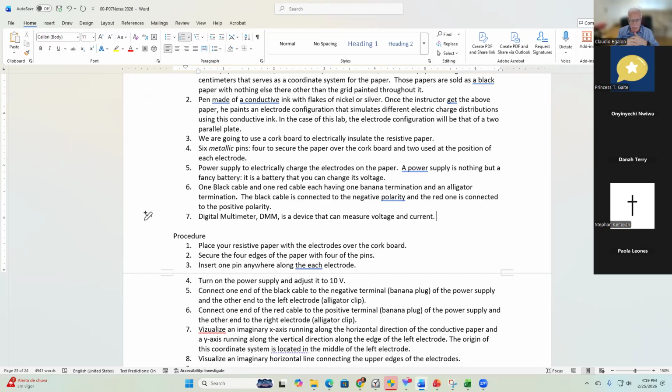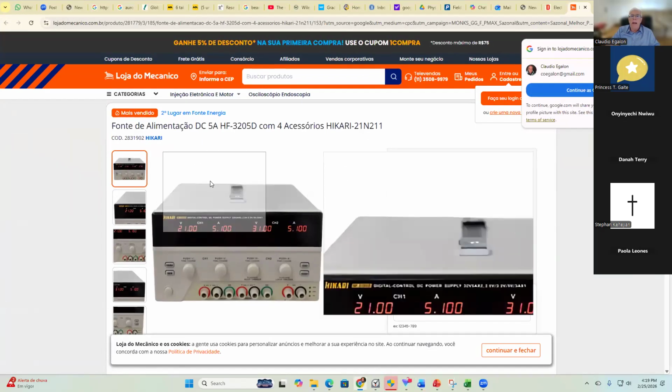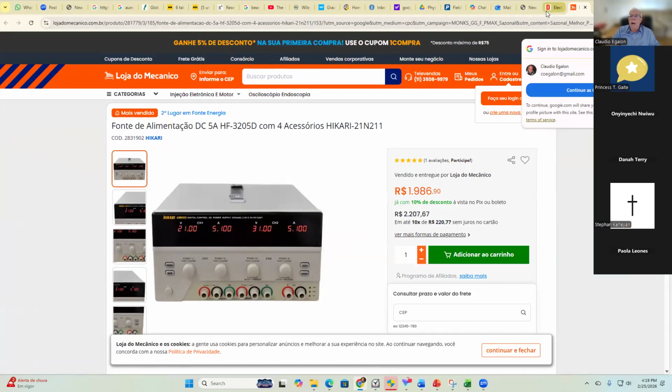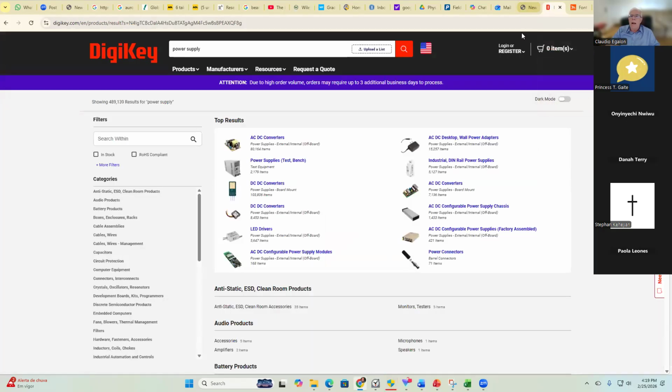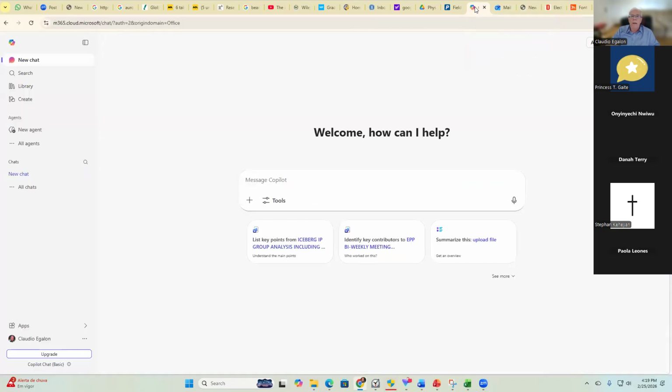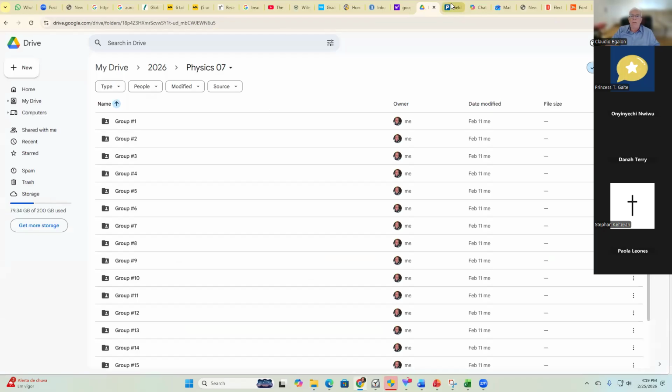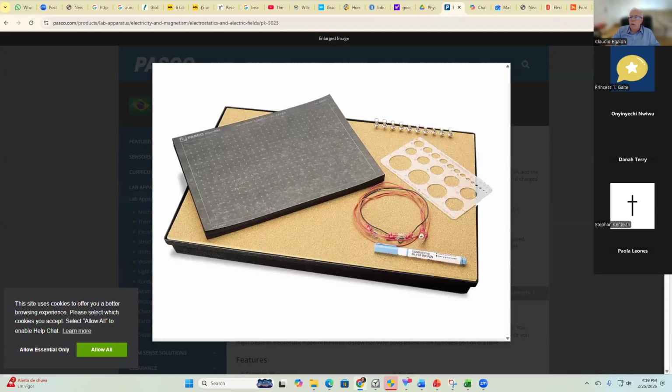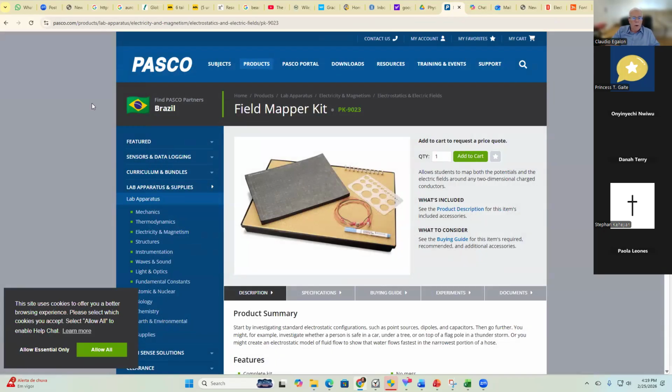Then there are fancy ones that are going to measure other stuff as well. And you can look at the internet to check the prices. Let's take a look at the prices of digital multimeters.